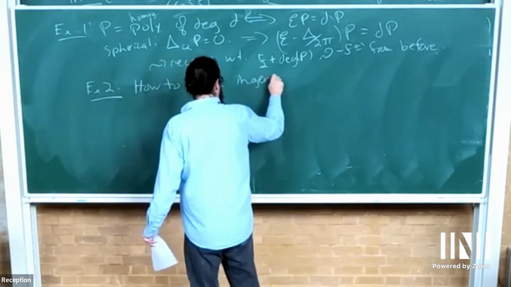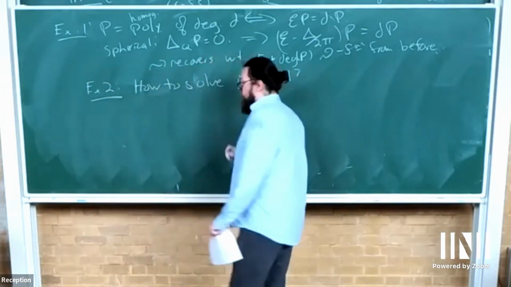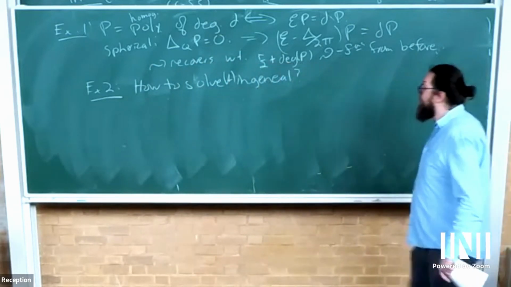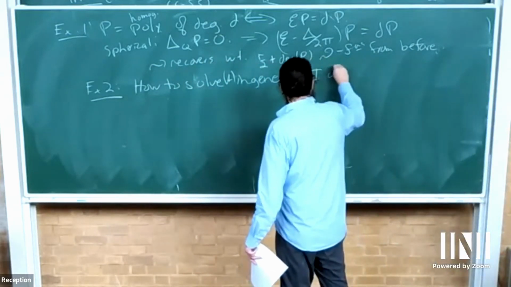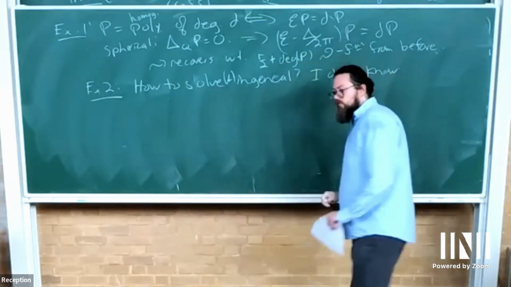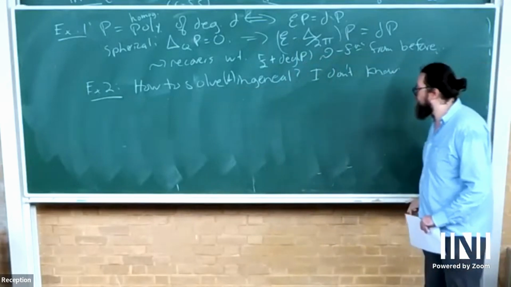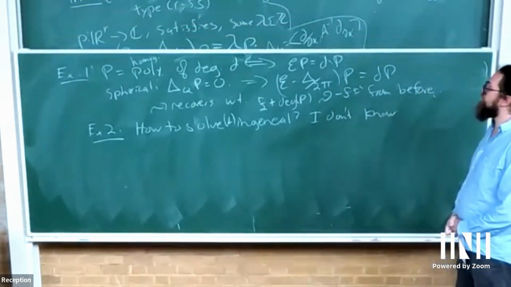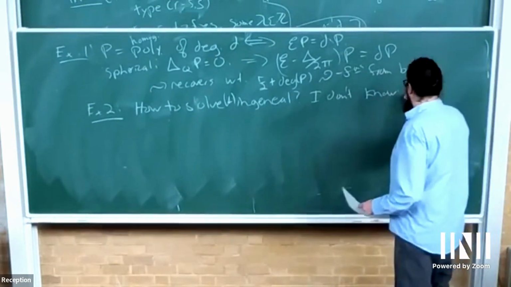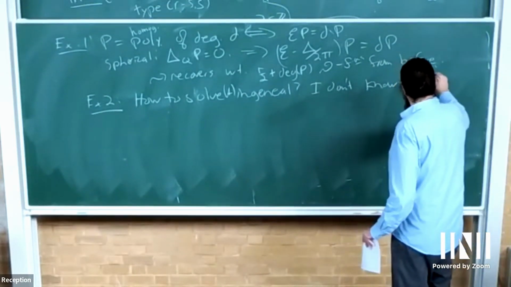Okay, how to solve in general the differential equation. I have a little space and say star, how to solve star in general. And well, the answer is I don't know in general. I don't really know how to solve very generic dimension R differential equations like that. But there's a trick.